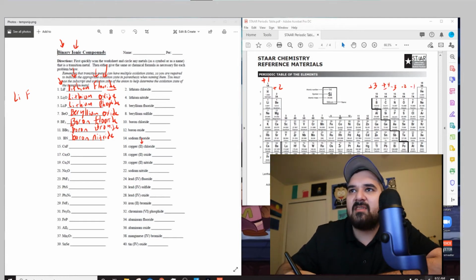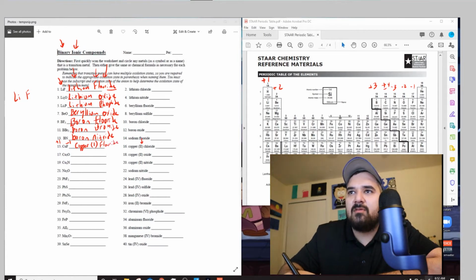So here copper is attached to a fluorine, which means copper has a charge of +1, because this is -1, and we know that this wants to be neutral, so this has to be +1. So what you're going to write here is copper(I) fluoride.